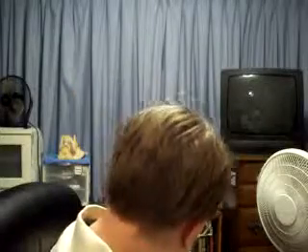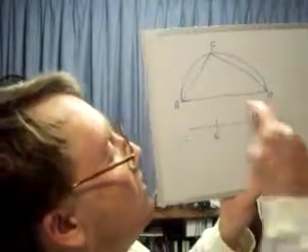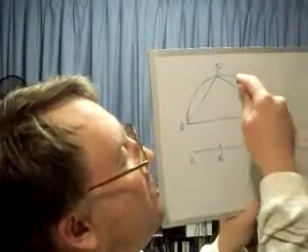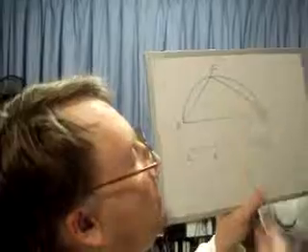So this square is greater than this square by this square, which this line happens to be incommensurable with this. That's what they're saying. Well, that's what Euclid was saying.